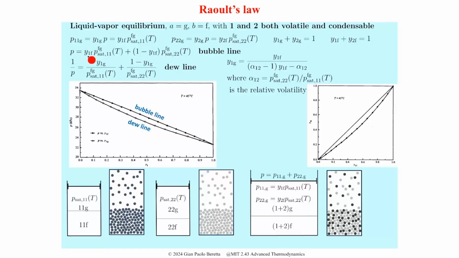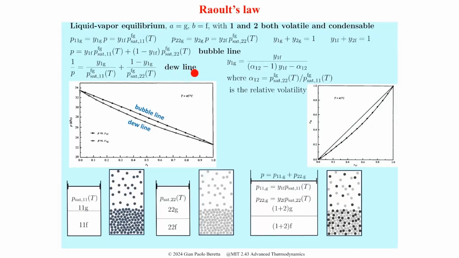So if I give you the temperature and the pressure, you can compute the mole fraction y1f, because you can go on the tables of the pure substances for the Psat of the two substances, and then with this equation you solve for y1f. Or if you solve this equation for y1g and y2g, and then sum up so that it's equal to 1, this is the other expression that you obtain.